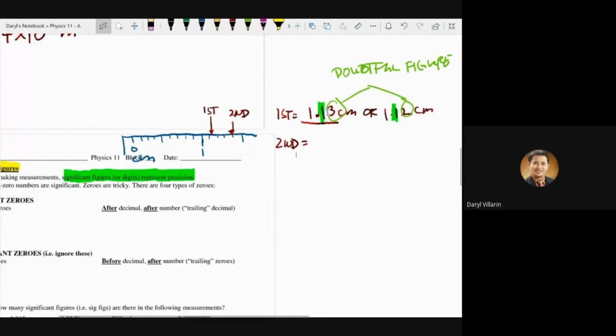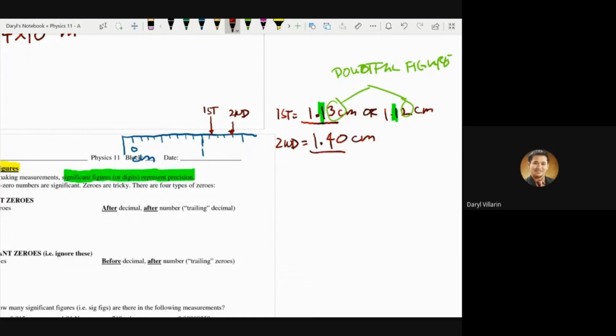In the second example, let's say, in my view, it is exactly 1.4. I will not just record 1.4. If in your case it is exactly 1.4, you place 0 in the hundredths place: 1.40 centimeters.